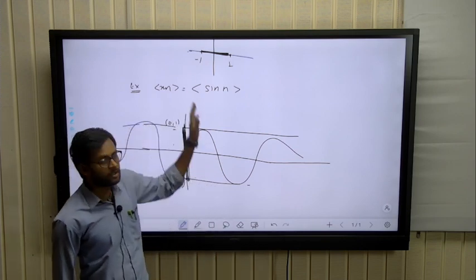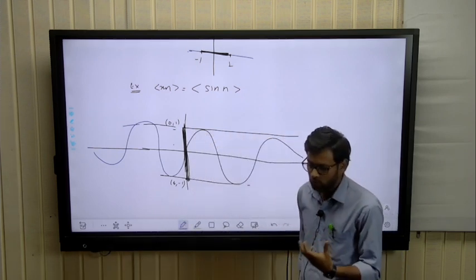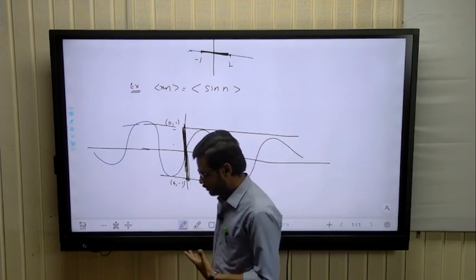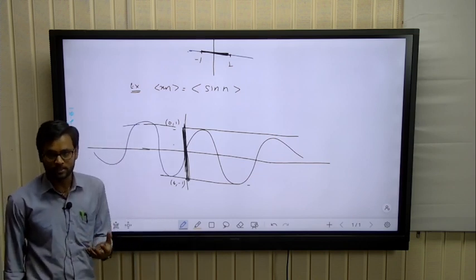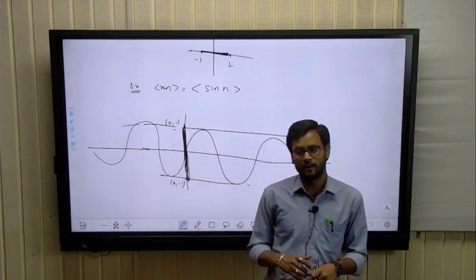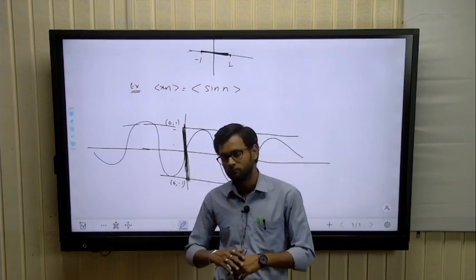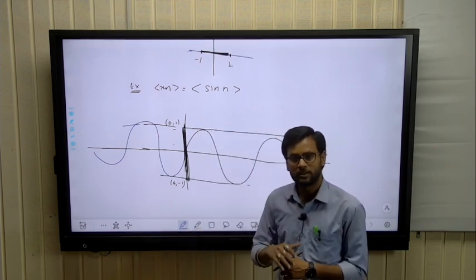So this is all about the sequence. Now I tell the use of a sequence. When mathematicians worked on numbers, they realized that we have many numbers in our planet, infinitely many numbers exist.